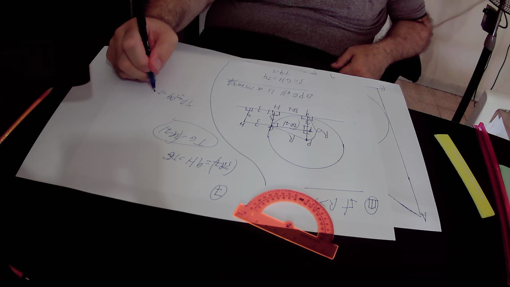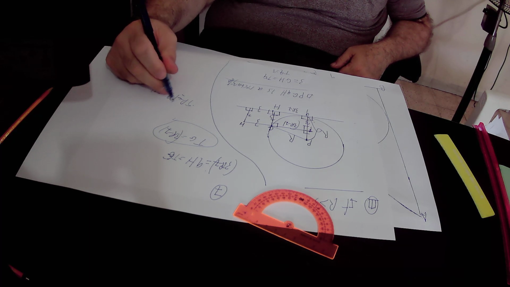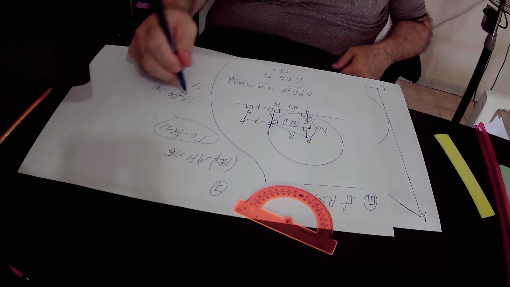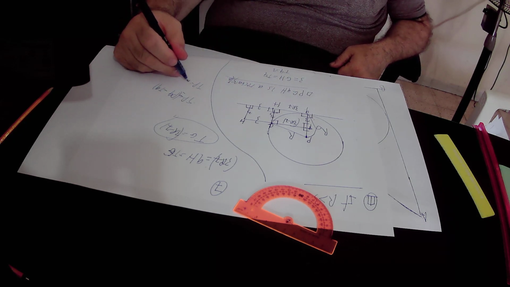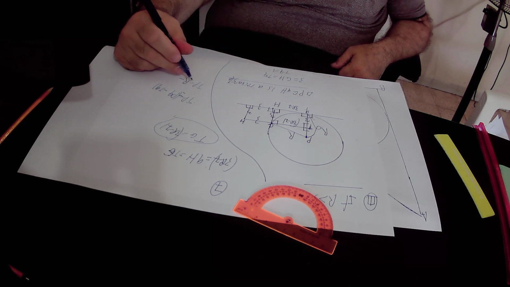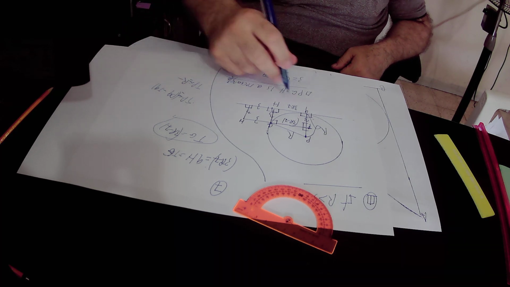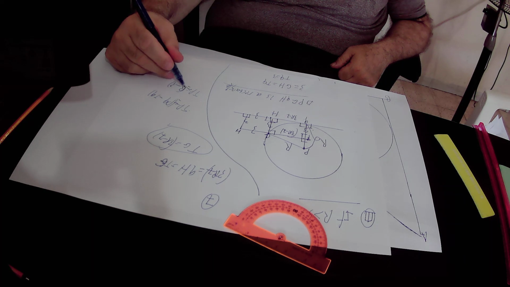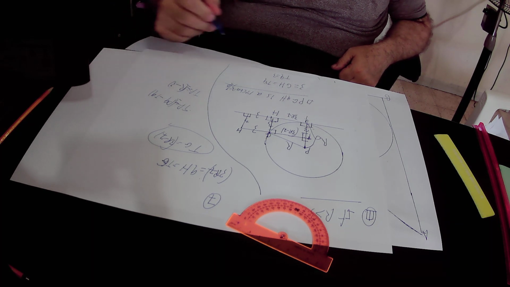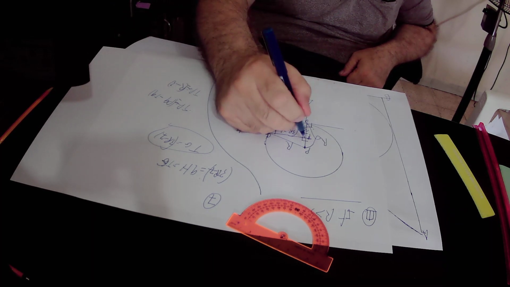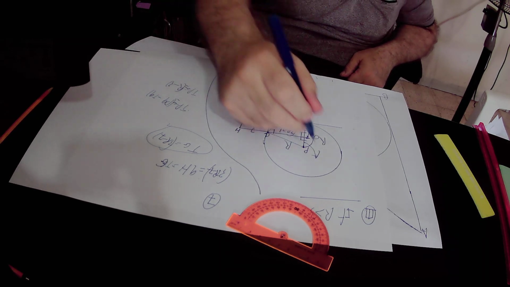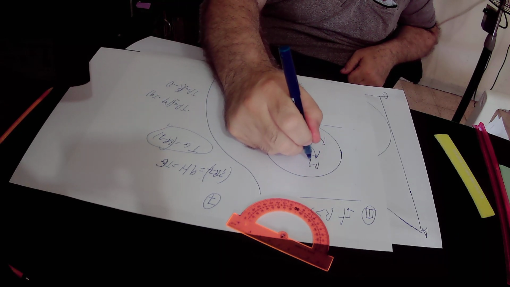So TP equals PQ, that is the radius of the circle, which is capital R, minus TQ. And we found out that TQ equals 3. So in conclusion, TP equals R minus 3. So I write it here that TP equals capital R minus 3.